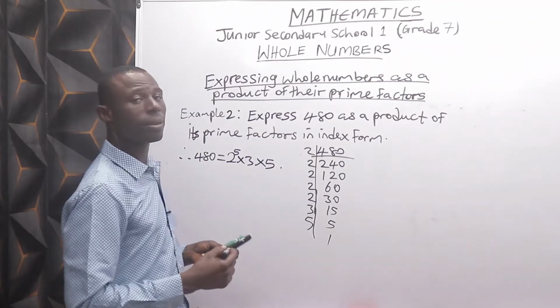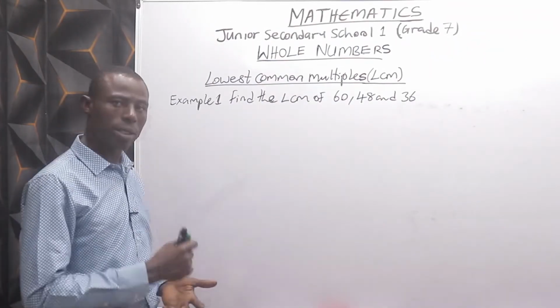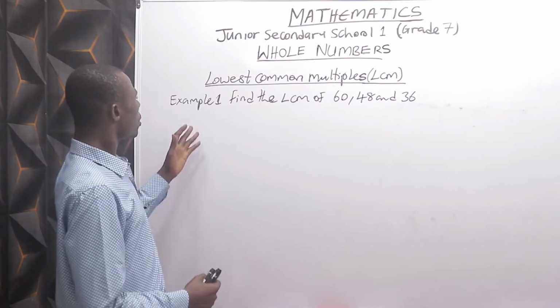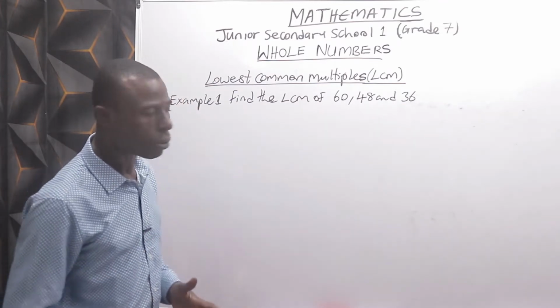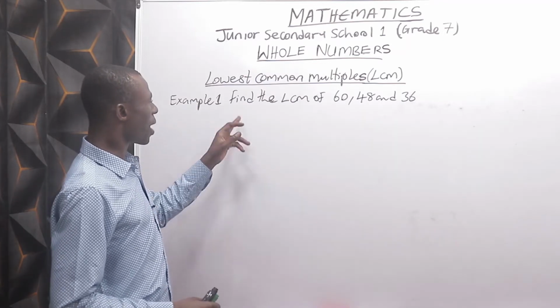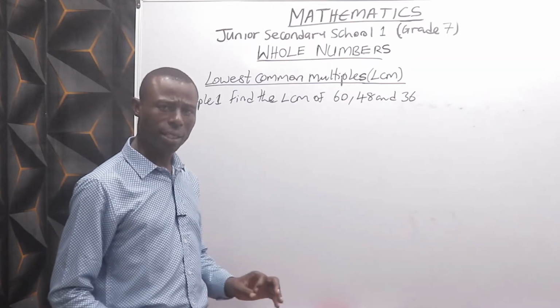And that is it. The next concept here is lowest common multiples, LCM. I will rather explain this to you through example for better understanding. Example 1. Find the LCM of 60, 48, and 36.